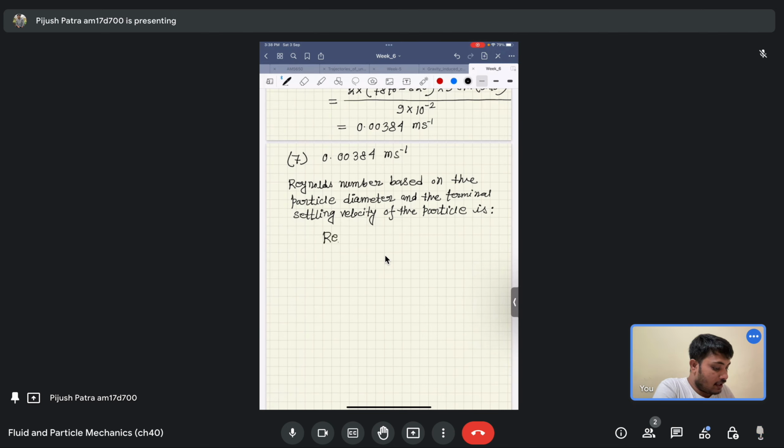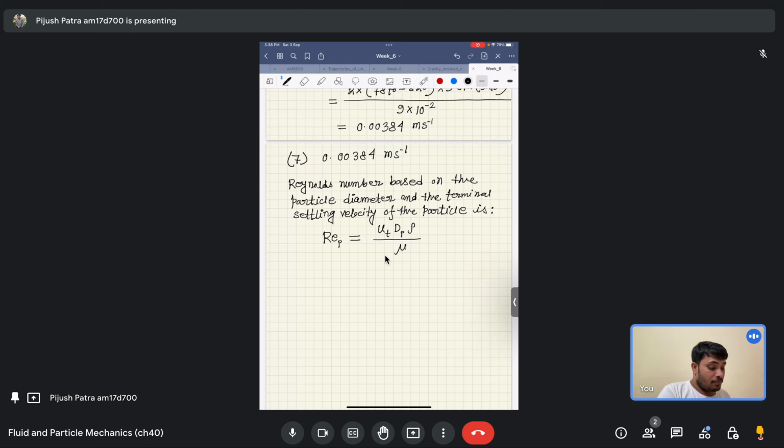I will write REP is equal to UT dP rho, density of the fluid, divided by mu, dynamic viscosity of the fluid, as simple as that.